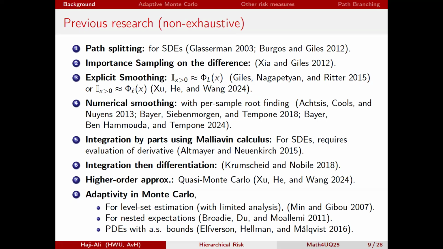Explicit smoothing is a different way where instead of looking at the indicator, one looks at some approximations that smooth out the indicator. And this was studied in many different ways, but I think the most comprehensive one was in 2015 by Mike and Agapatian and Klaus Ritter. One issue for this one is that one requires a lot of smoothness from the underlying density.